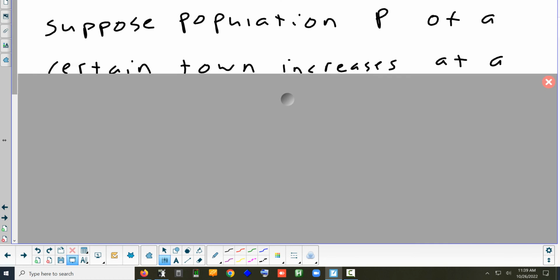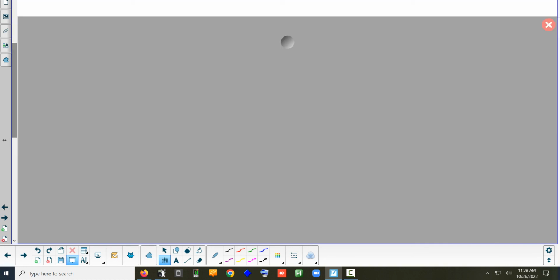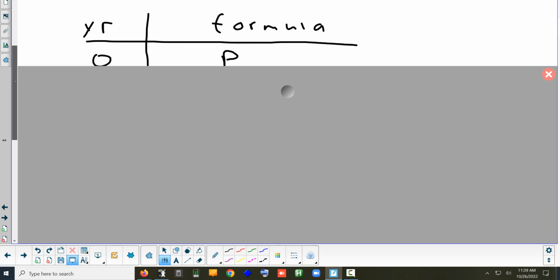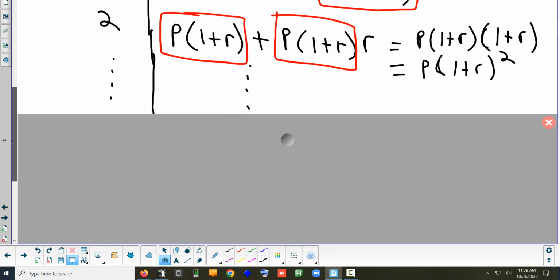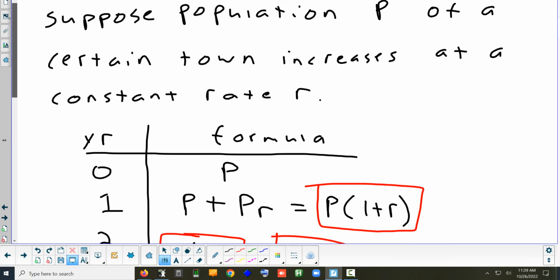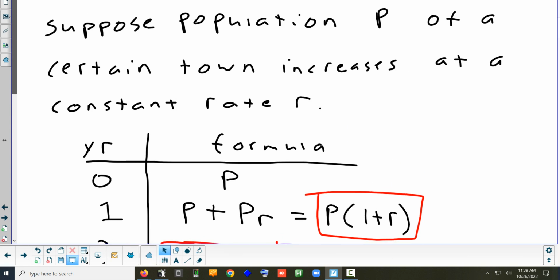So we're going to look at the formula to figure out population growth. This is the formula for figuring out the population of a certain town if it increases at a steady rate. Is there going to be a question like this on the homework? Yeah, I think so.